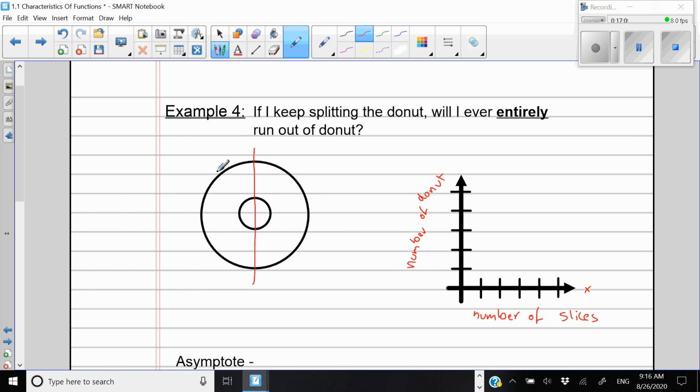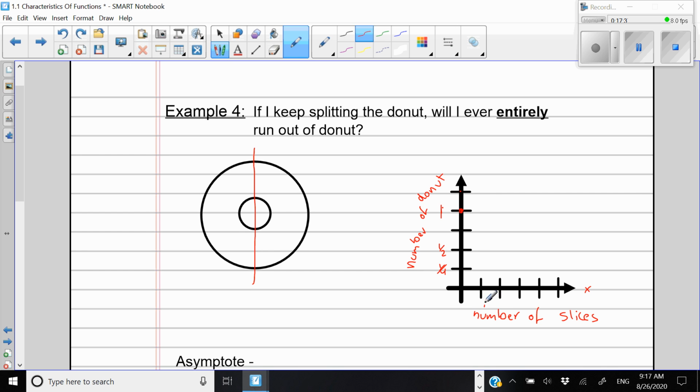At first I have one whole piece of donut. So I'm going to mark these numbers over here. This is 1, this is 1/2, and this is 1/4. I will explain to you why I'm giving the numbers in this form.